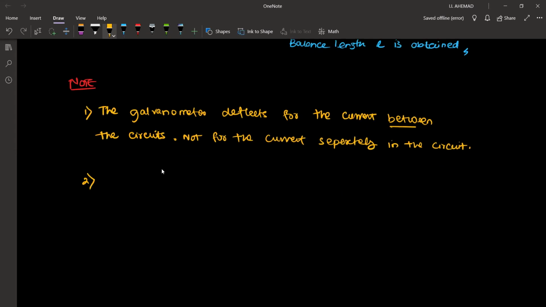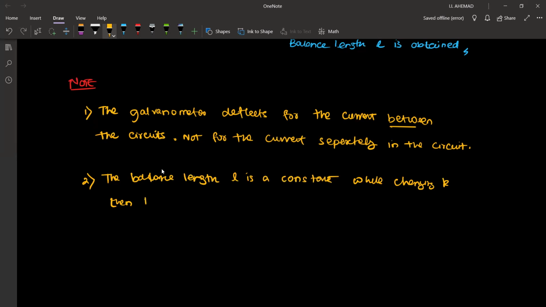Second, the balance length L is a constant while changing R. Then the reasons may be as follows.